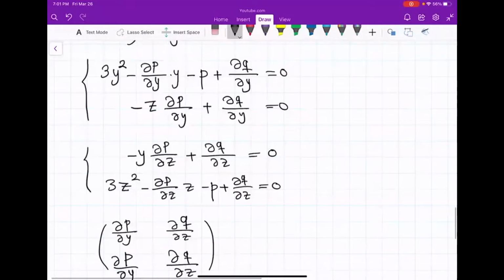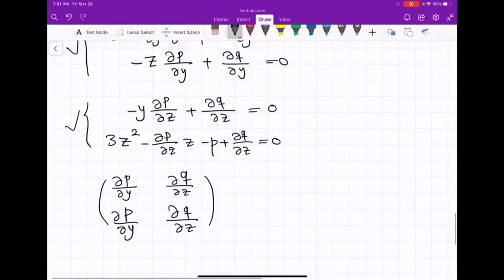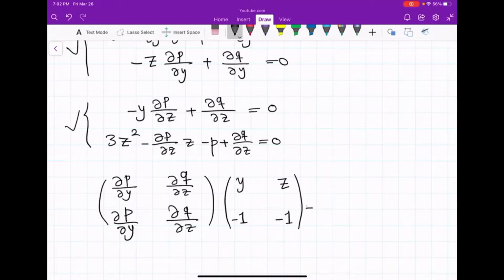There are 4 equations here. If you summarize them into matrix notation, something magical happens, and I found it by simply trial and error. You multiply by -1 and -1, then this becomes the following. You get 3y squared minus p, 0, 0, 3z squared minus p.